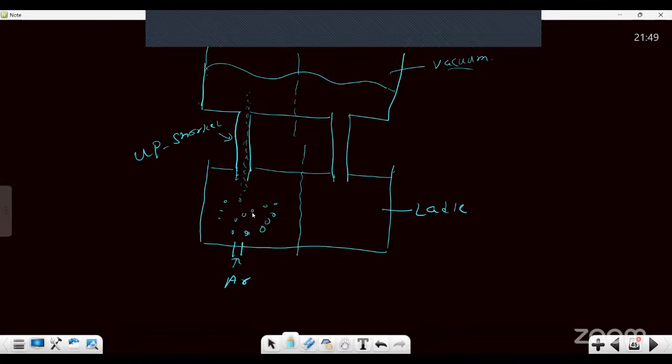From the up snorkel, the hot metal gets into the vacuum chamber, and from the down snorkel it comes back into the ladle. So this is my pure steel. This is what is happening in the vacuum degassing system.